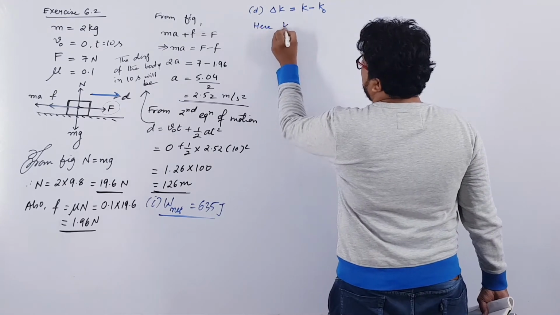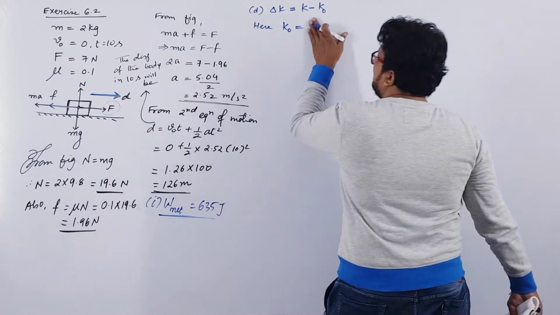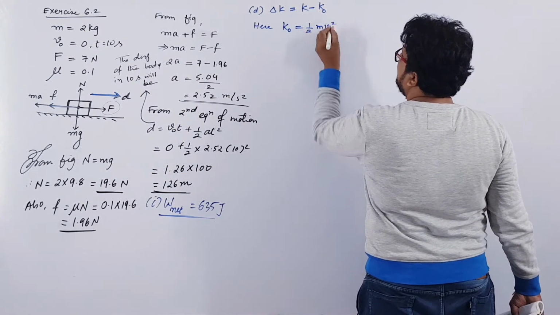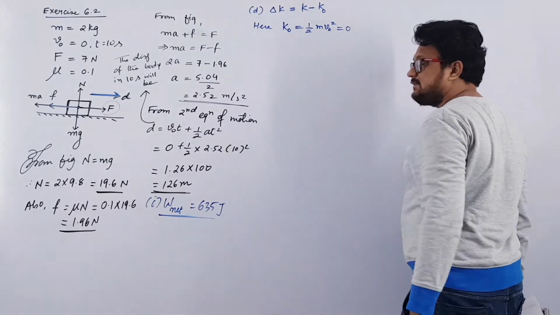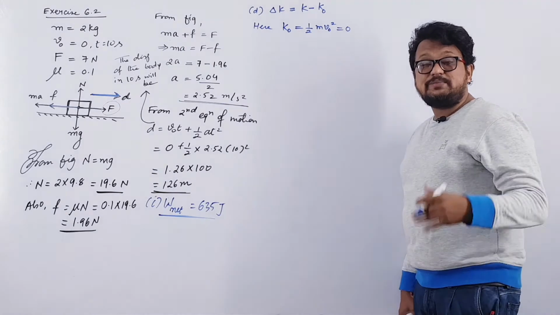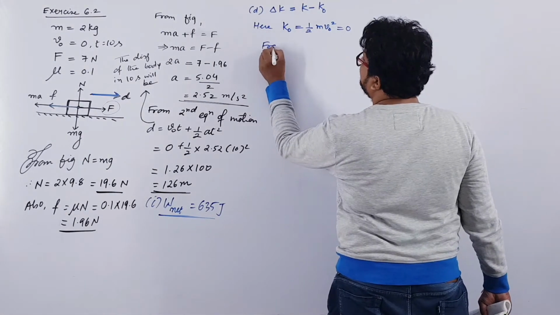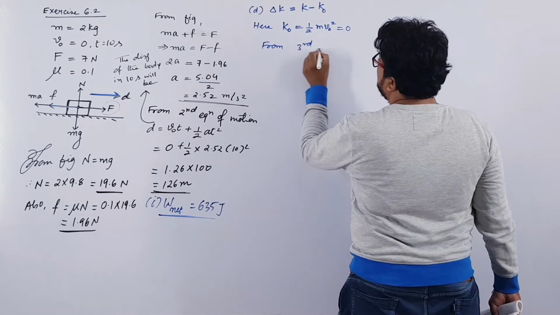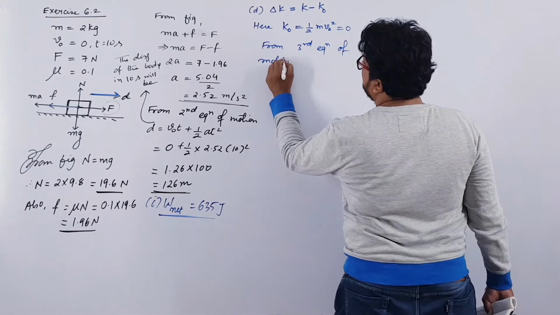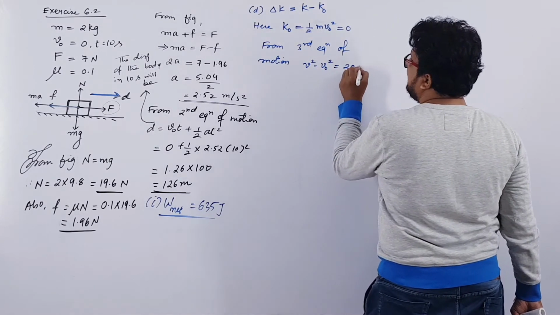Here, K naught, the initial kinetic energy, is 0 because its initial velocity is 0. K naught is half m V naught square, and that is equal to 0 because V naught is 0. And the final kinetic energy is half m V square, which means that we need to find V square. From the third equation of motion, V square minus V naught square is 2AD.